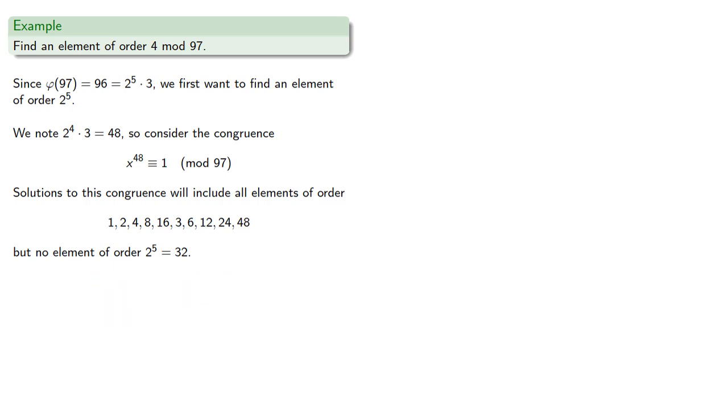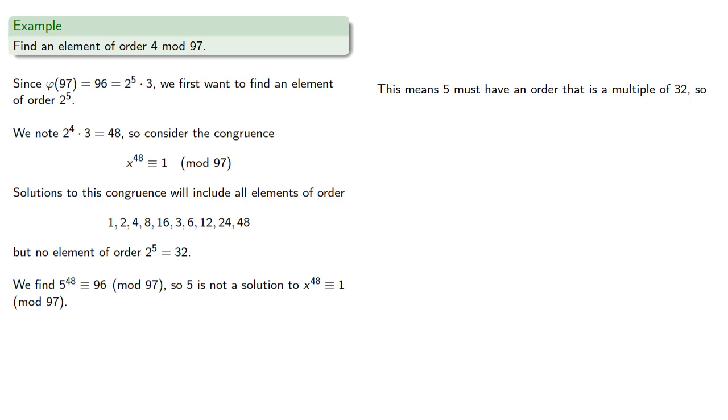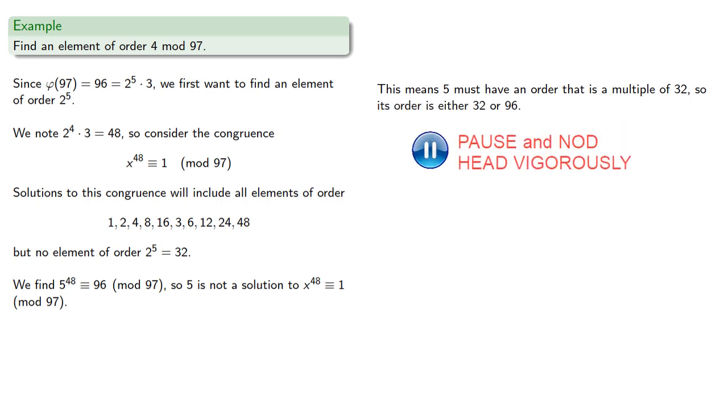So we look for a non-solution, and we find that 5 to the power 48 is congruent to 96, so 5 is not a solution, which means that 5 has an order that's a multiple of 32, and importantly, it's a divisor of 96. So its order is either 32 or 96.